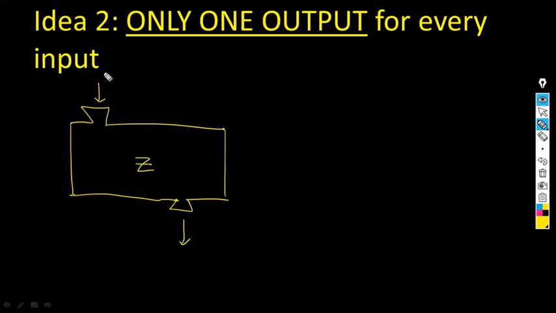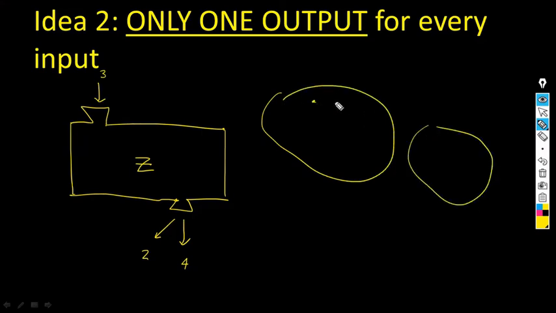For example, if I give this machine the number 3, it's going to give me the number 2, because that was the antecessor of 3, and it's also going to give me the number 4, which is the successor of 3. So this machine Z is taking the number 3, and as outputs is producing the number 2, but also the number 4, and so on. I can give more examples, but I'm going to stop right there.